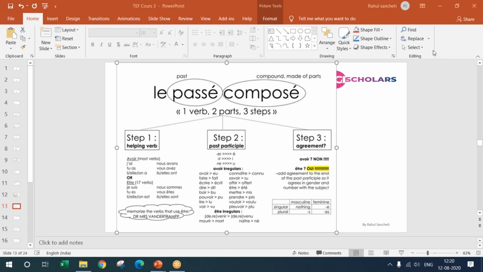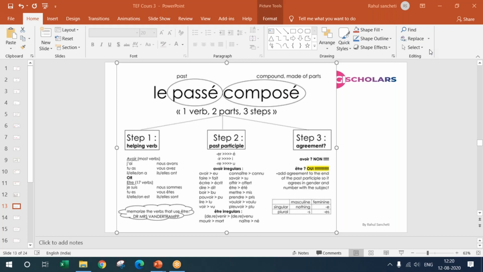Is that clear, everyone? With this we had kind of finished the passé composé, the rules part of it. Rahul, this plural form you said add S, it is for which one? Can you repeat again? Masculine. Yeah, so when you're conjugating any sentence using être verb in past tense, I'll repeat it again. When you're conjugating a sentence in passé composé with être verb as a helping verb, you have to make sure that the past participle has to agree with the number and gender.